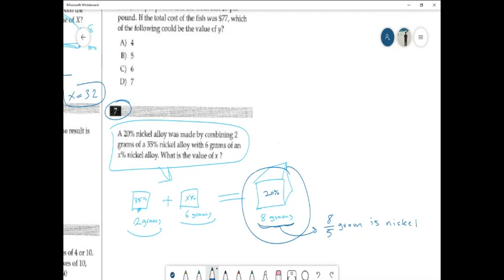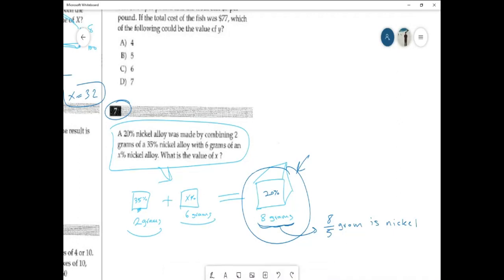I have 8 gram of something, but only 20% of that is nickel alloy. So if I do the math, I will find that 8 divided by 5 gram of this material is nickel.